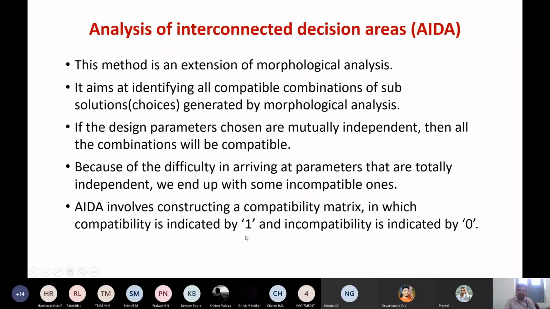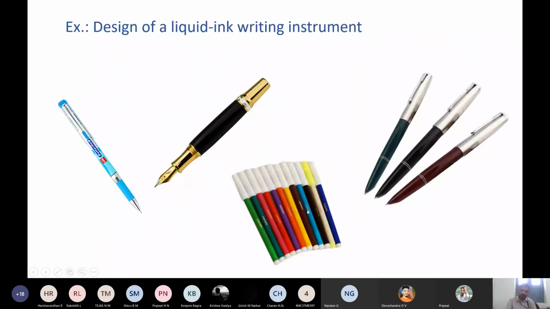By evaluating the morphological table based on our technical knowledge and experience, we make a judgment regarding which are the feasible combinations and which are the non-feasible combinations. Feasible, workable combinations are denoted with 1, and not workable combinations are denoted by 0. We will understand that by considering an example.